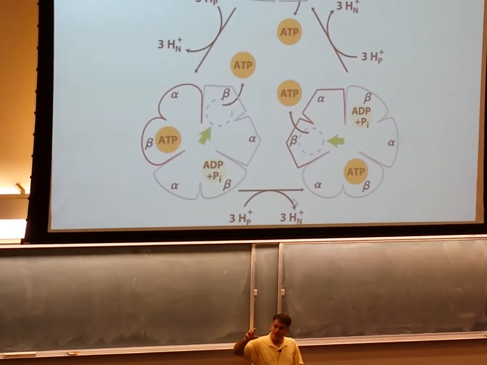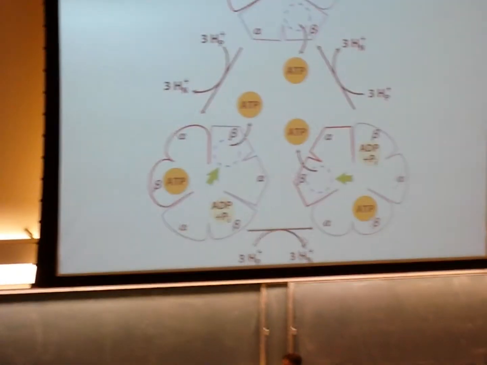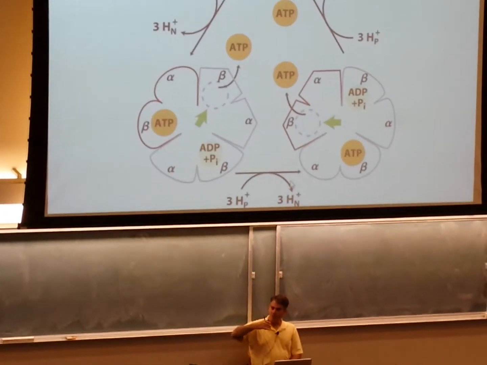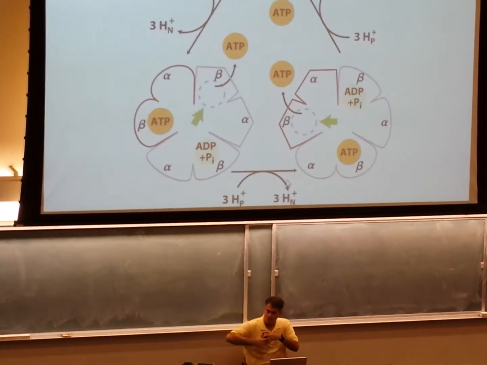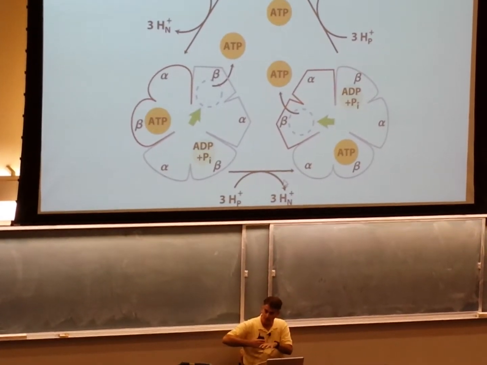When the enzyme binds to something, I'm the enzyme. Here comes ADP and an inorganic phosphate. When it comes and binds, I make so many weak bonds to it, I'm lowering the transition state.